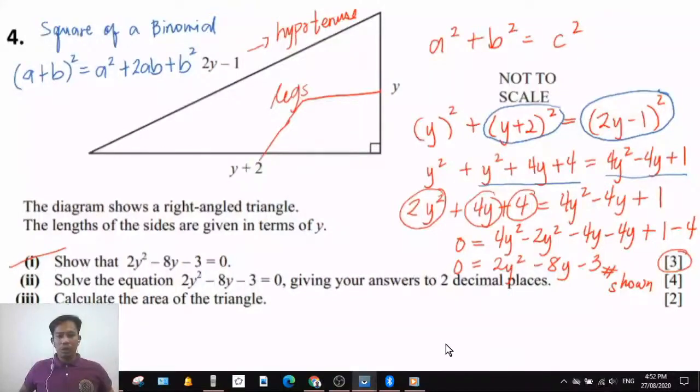Okay, let's move on to question number 2. Solve the equation 2y squared minus 8y minus 3 is equal to 0. I'm not going to discuss this anymore, but I want to find out what the values of y are, because I've discussed already 2 questions about this.